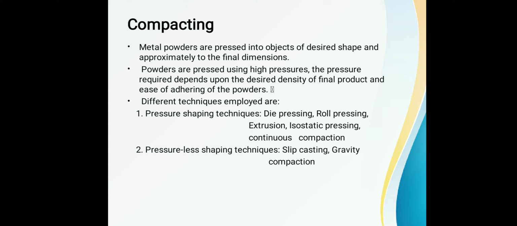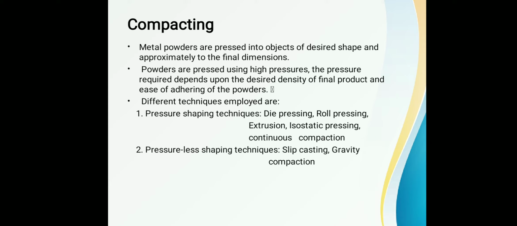The main purpose of the compacting process is to form the metal powder into the complete, compact desired shape with sufficient strength, so that there is no damage or breakage during handling.